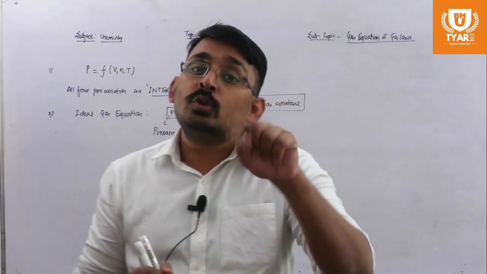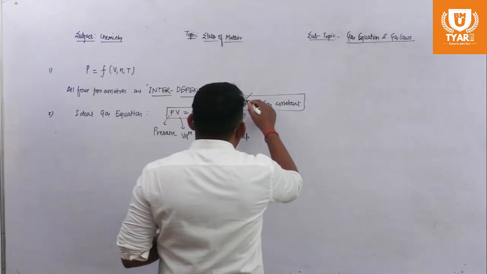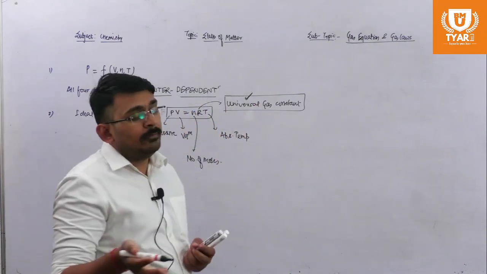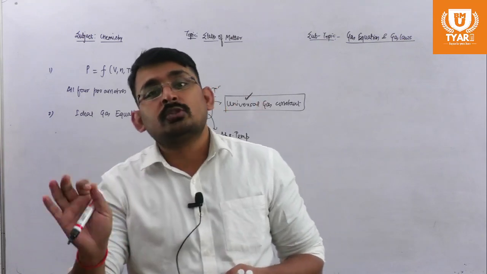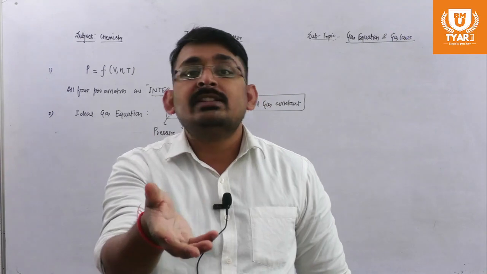What is the meaning of universal constant? Universal constant means that whatever the gas, whatever the other factors, the value of this gas constant will not change.